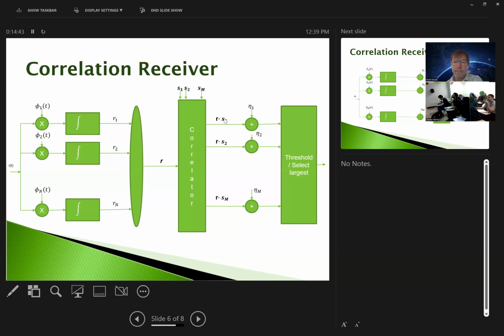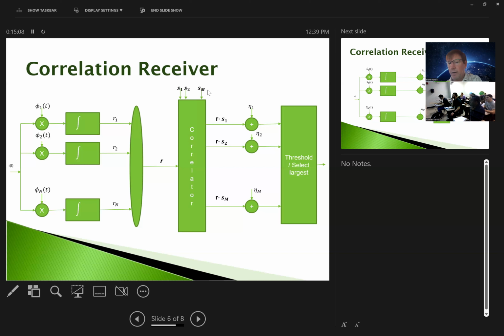these dot products are essentially the projection of this vector r onto these different symbols. All right, so the dot product does this projection of two vectors onto each other. So it's kind of showing how similar they are, right?